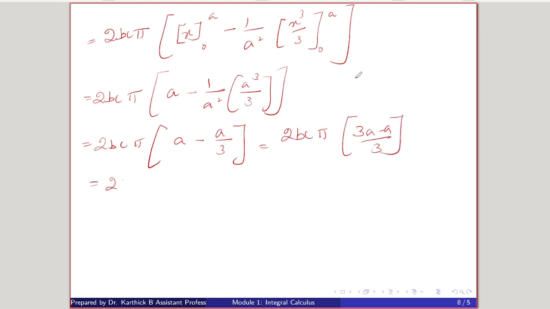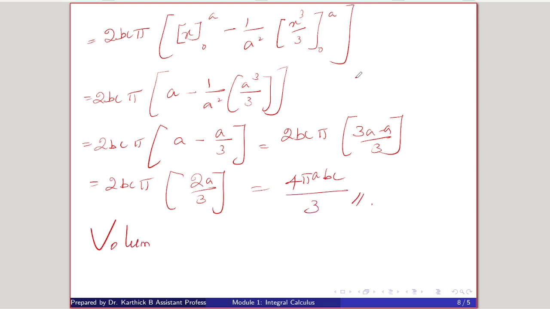So it will be 2bc pi into 2a by 3. Finally we get the answer 4 pi abc by 3. So this will be the volume of the ellipsoid, equal to 4 by 3 pi abc. That's all.